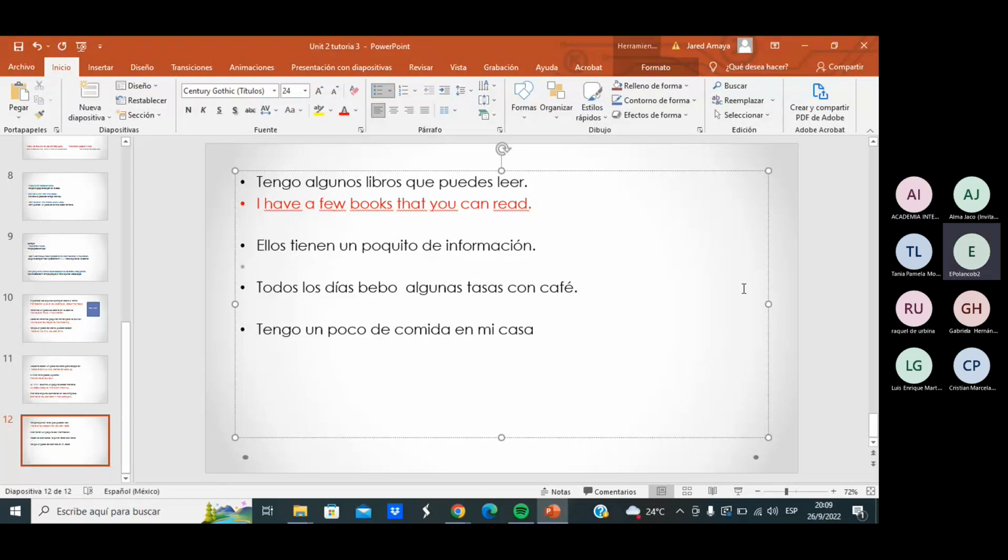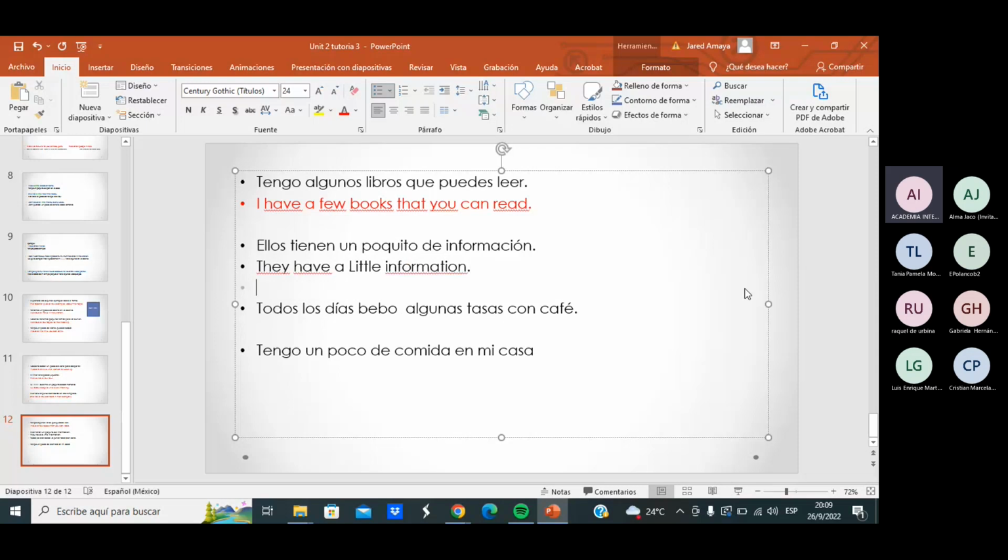A little information. You can make the whole sentence since the beginning. They have a little information.